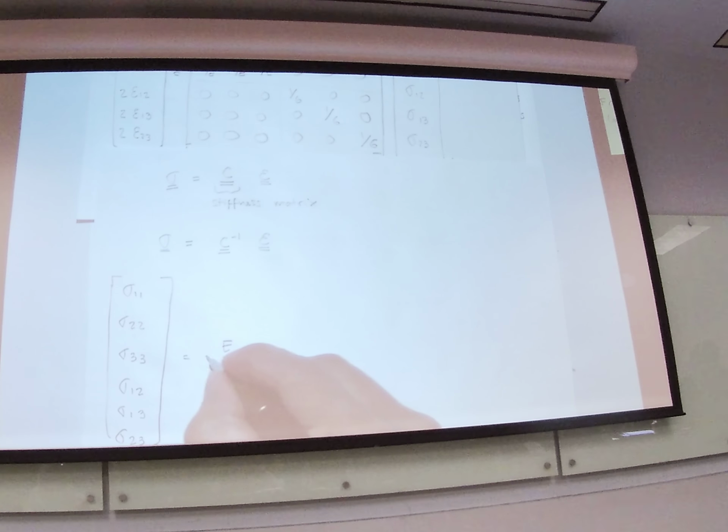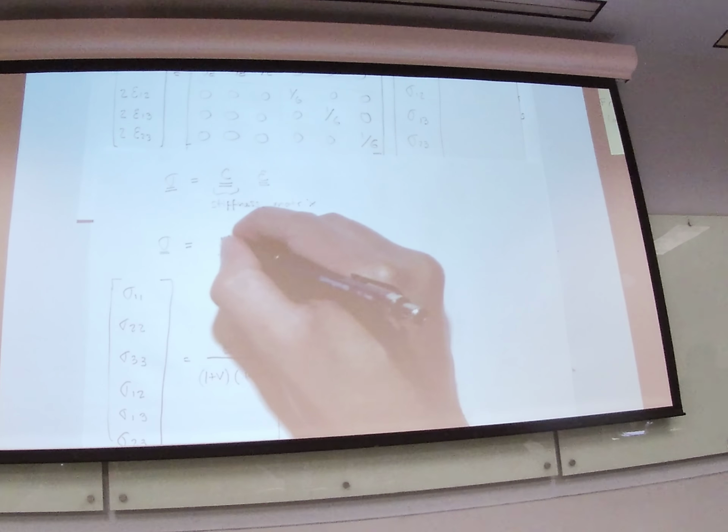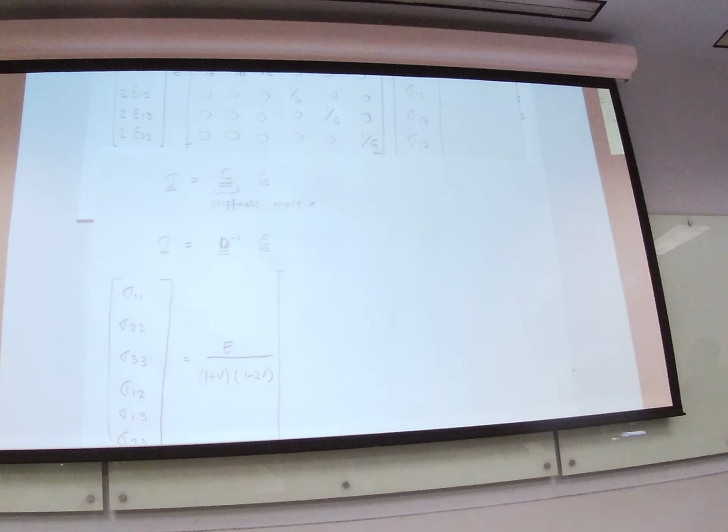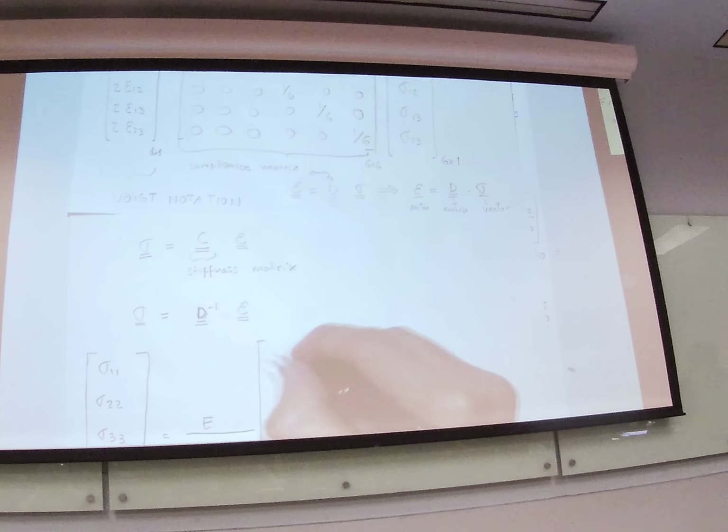It's going to be, again, another matrix. And there's going to be a common factor. I'm going to take it out of the matrix, which is going to be this one. Is that supposed to be D to the negative 1? Negative 1. Thank you very much. D, yes. All right, so now we have this new matrix that is the inverse of the previous one, and it looks like this.